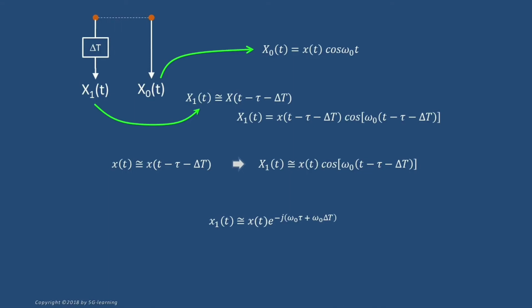Quite frequently, these signals are expressed in complex form. It is implicitly assumed that we are only interested in the real part of the second member from the equation. The angle omega 0 tau is called psi, and omega 0 delta t is called small delta.